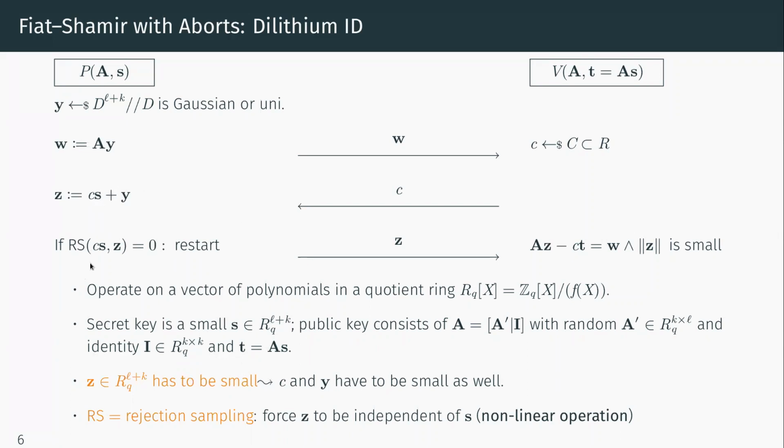So rejection sampling is needed. After rejection sampling, the prover can make sure the response value is independent of the secret values. Finally, the verifier checks correctness, and also checks that Z is small.